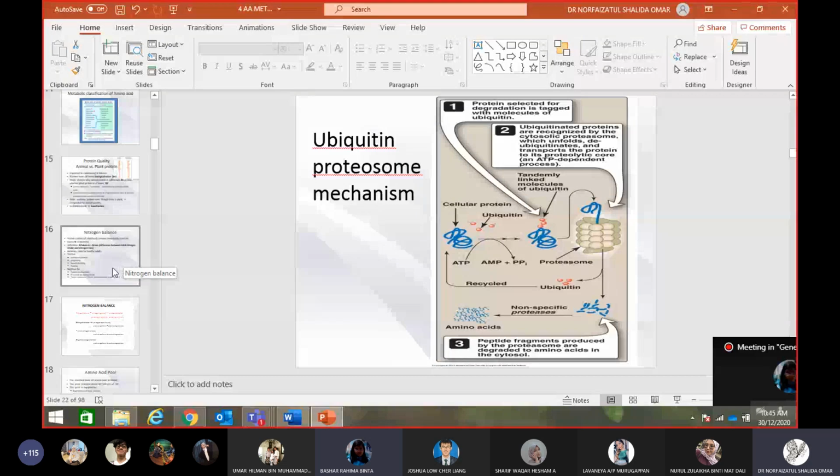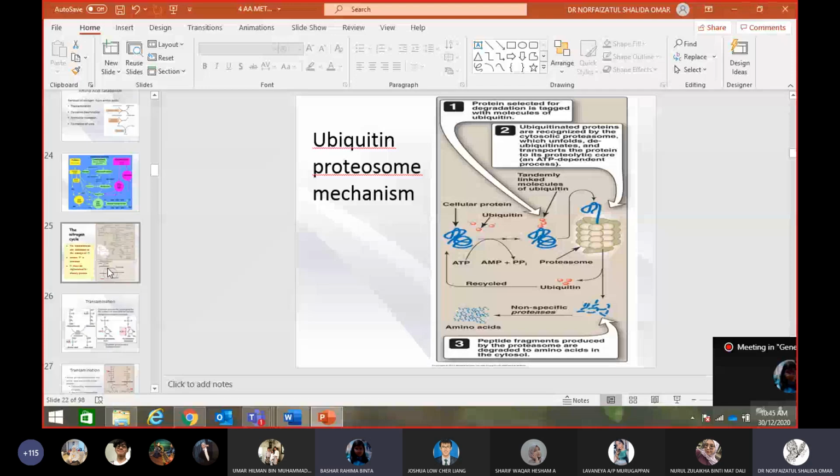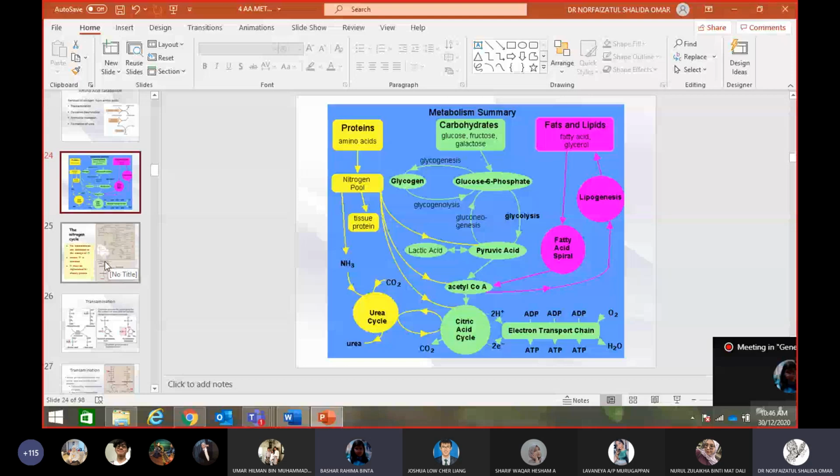When there's an excess in the amino acid pool, only then will our body excrete the excess nitrogen. The excretion of this nitrogen will be through the urea cycle. Before we go towards the urea cycle, we go towards amino acid metabolism first. In summary, we've already gone through carbohydrates and fatty acids.